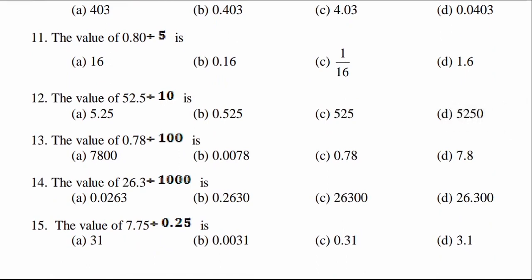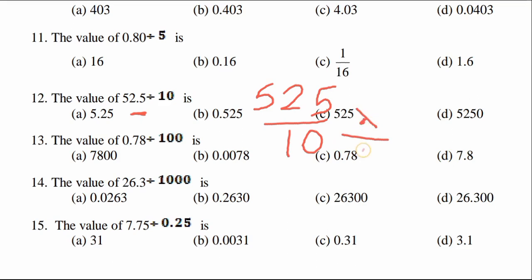Question number 12. The value of 52.5 divided by 10 is... And first of all, we write this number without the decimal point. So we have to divide by 10.